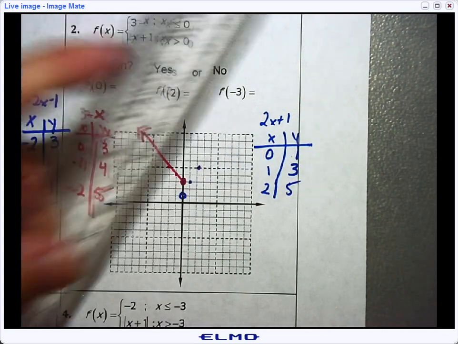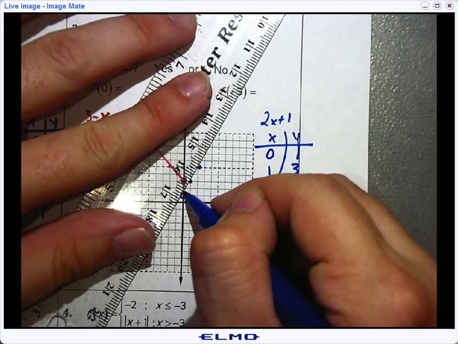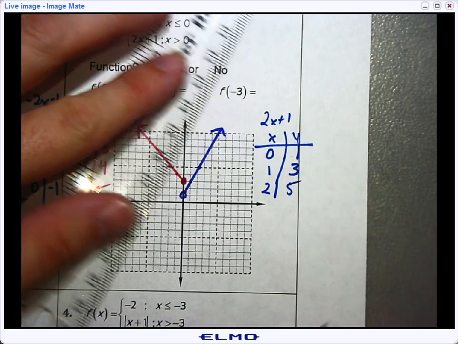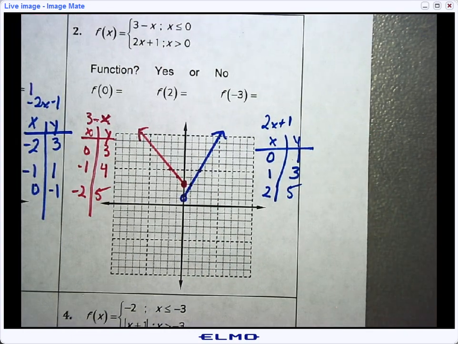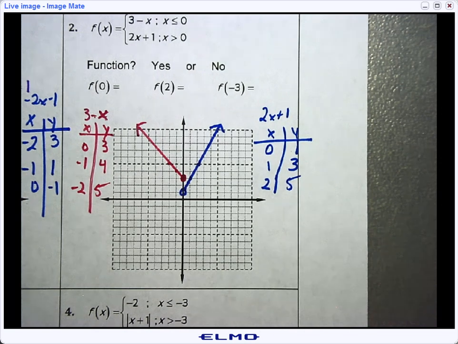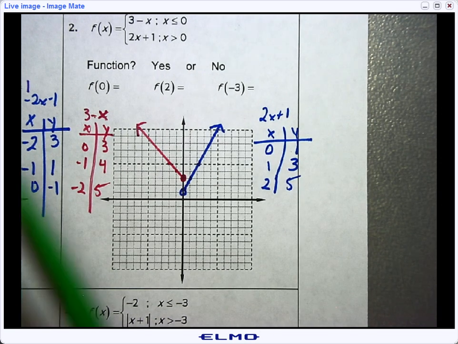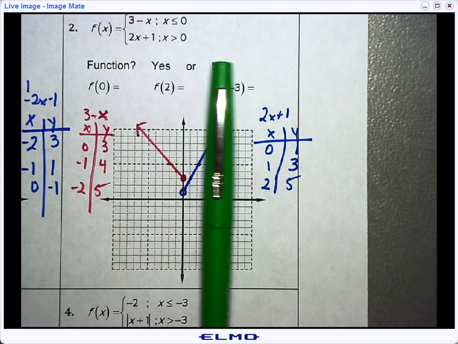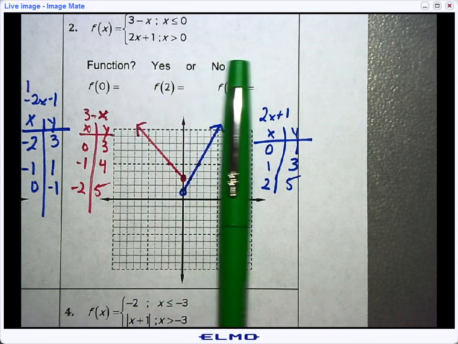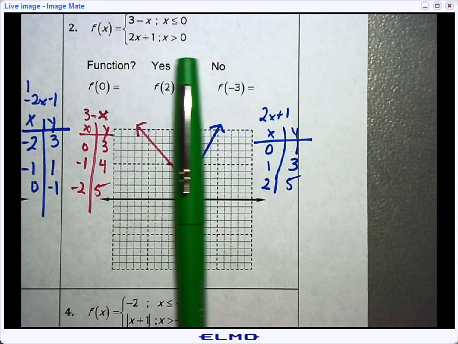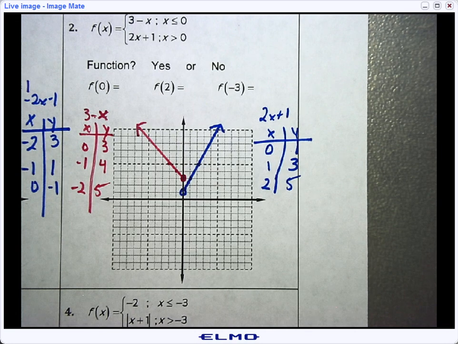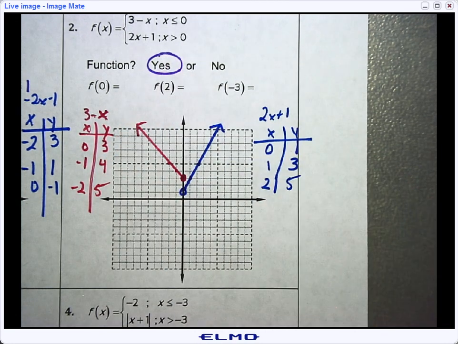Connect those. There is your graph. Once again, does it pass the vertical line test? At no point does your vertical line hit either part of the graph more than once at a time. So it does pass the vertical line test. So it is a function.